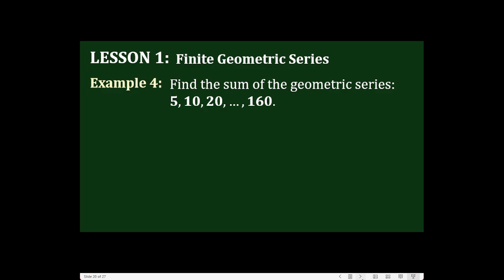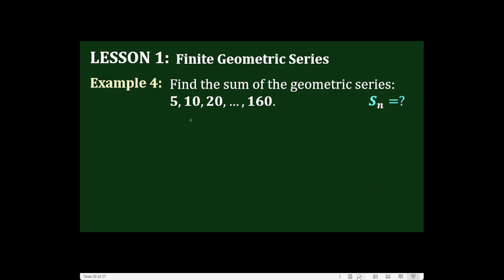This example did not mention the number of terms, so we cannot get the sum right away. So we need to find first the number of terms. We have no specific value of n, so we're going to look for that value.